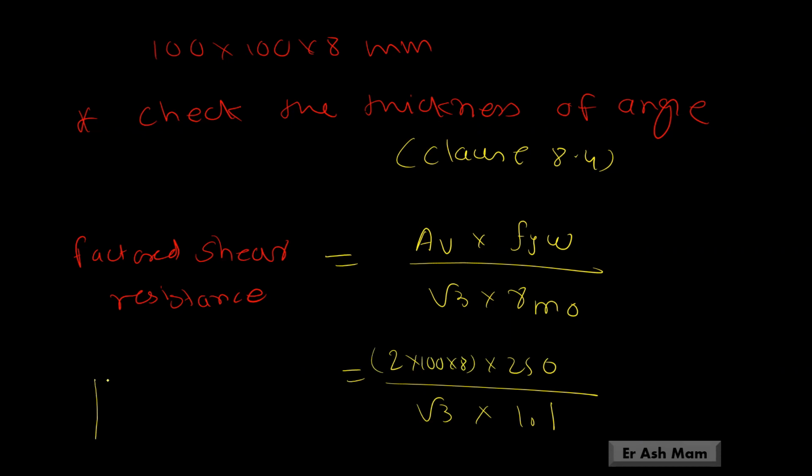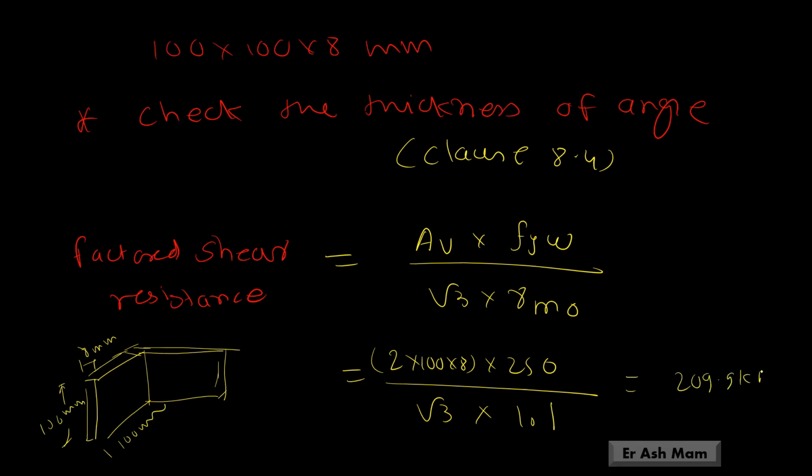You know that the angle plate is like this. Thickness is 8 mm, this side is 100 mm, and again here is 100 mm. Therefore, area is 2 into 100 into 8. The result is 209.9 kilonewton, which is greater than 150 kilonewton. Therefore, safe.